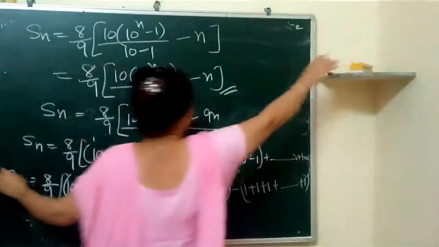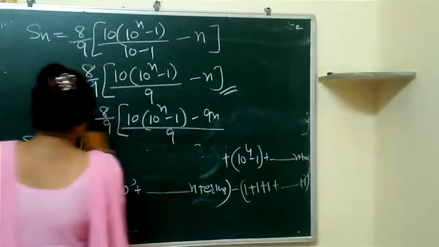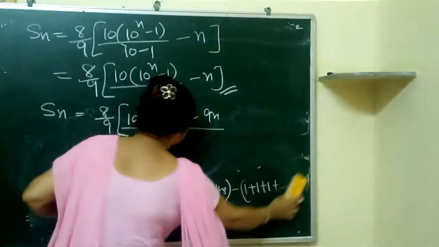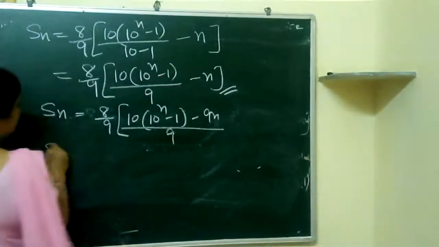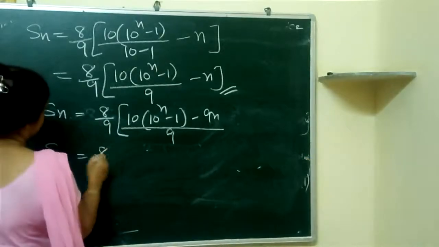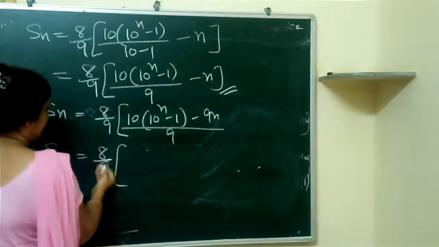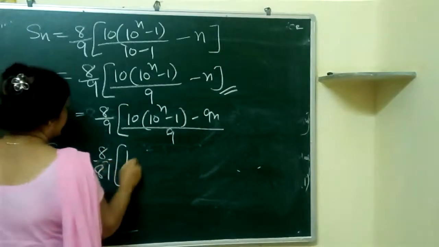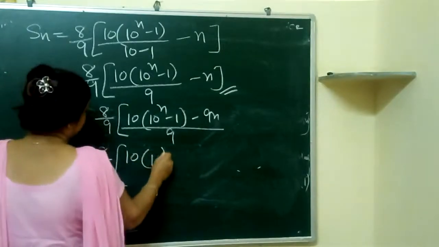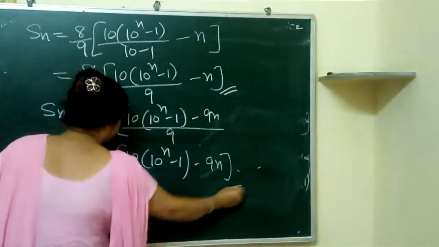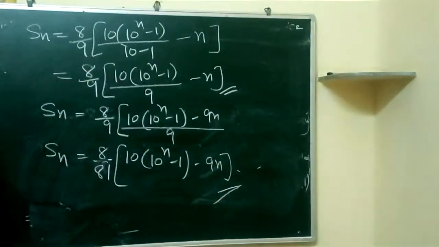If you want to solve the next step, you can solve it. After that Sn equal to 8 upon 81 into 10 into 10 raised to power n minus 1 minus 9n. This is the solution of question number 18.